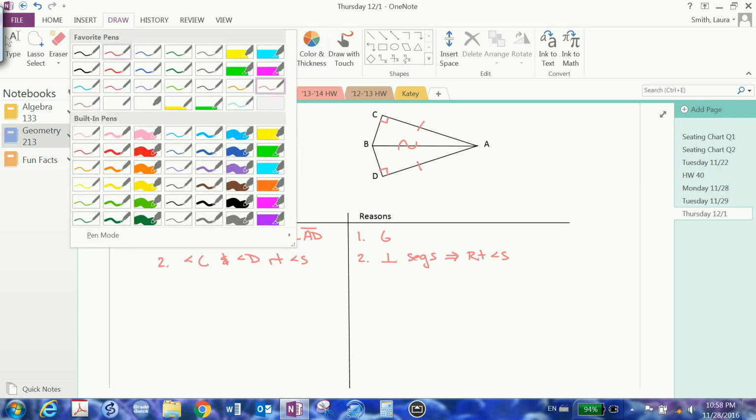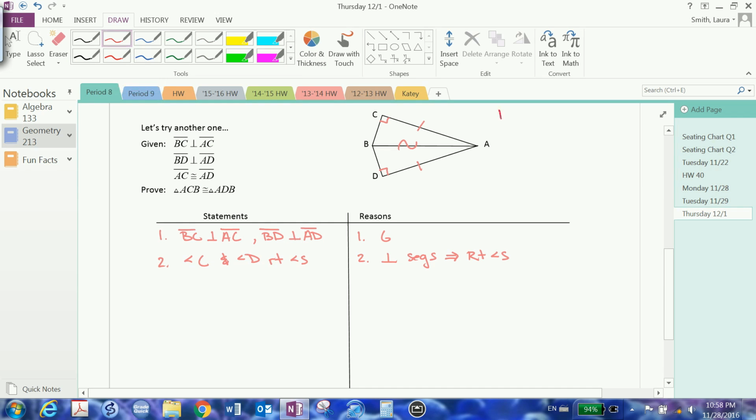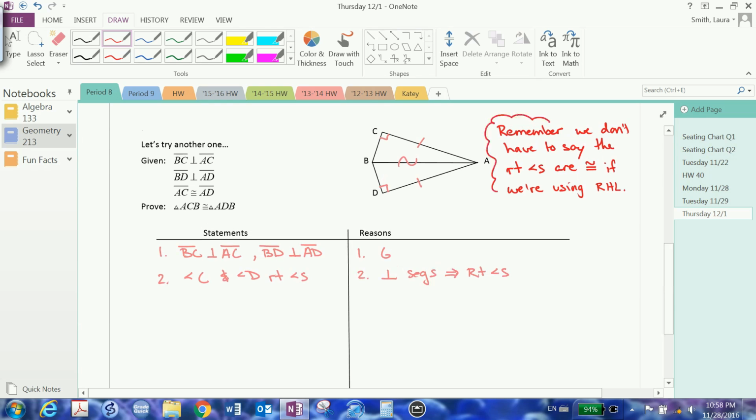So here's a note that was mentioned in the textbook, but it's worth highlighting again. Okay.